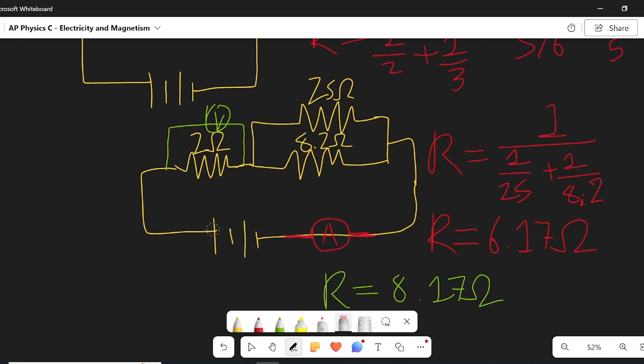So it's not like the current over here is faster than the current coming in through here, right? Essentially, the current across the whole circuit is the exact same.